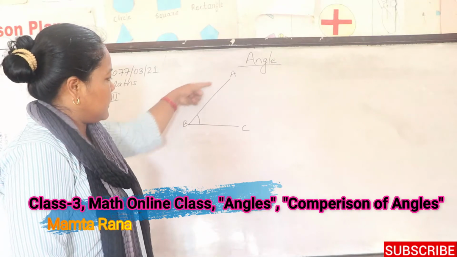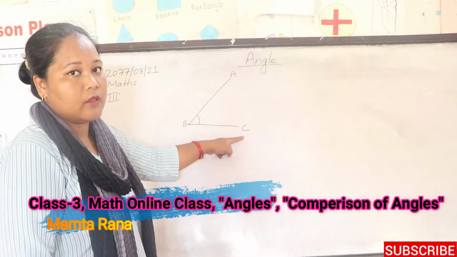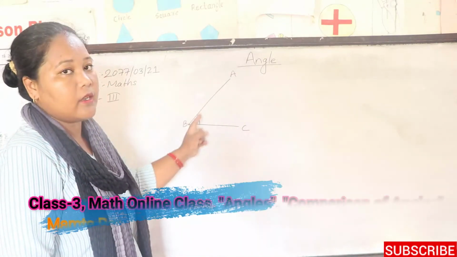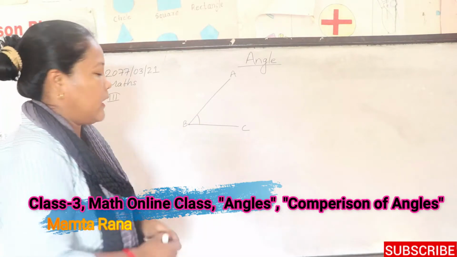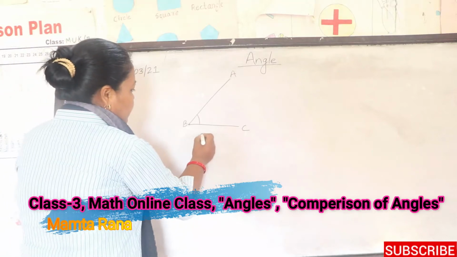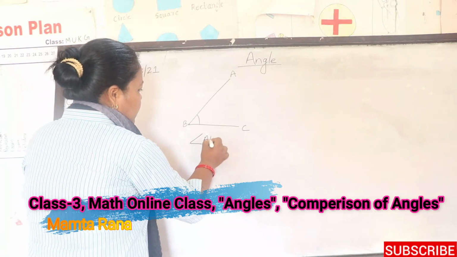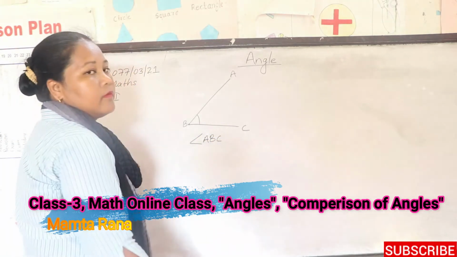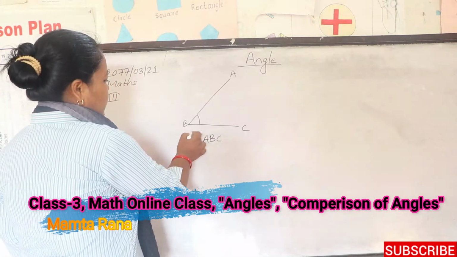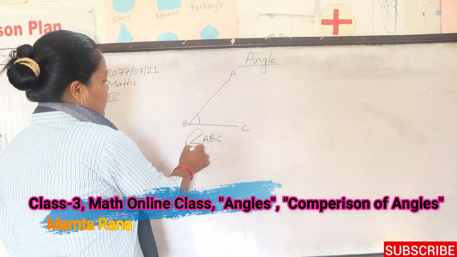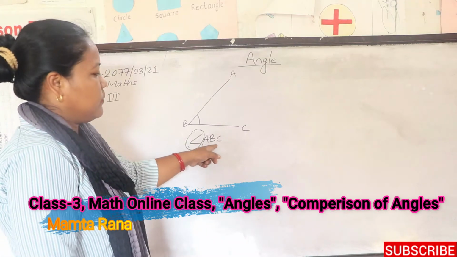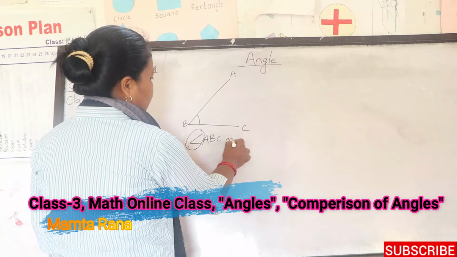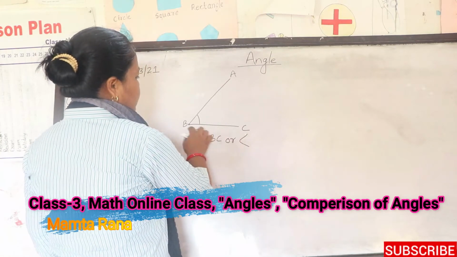Angle ABC. And how to write it? Angle ABC, with this angle sign. This is the notation of angle. So angle ABC, or in another way, angle CBA.